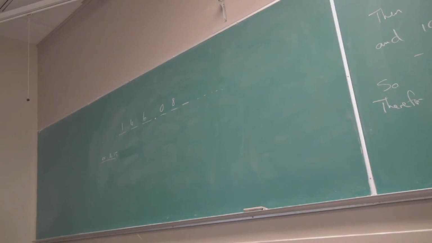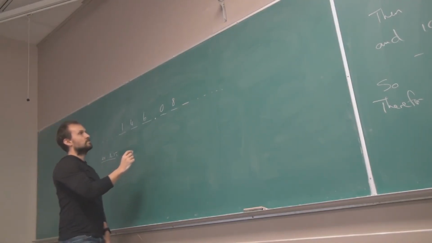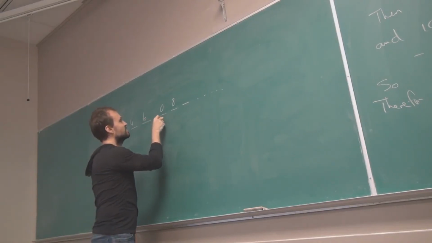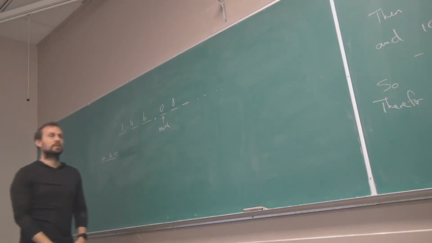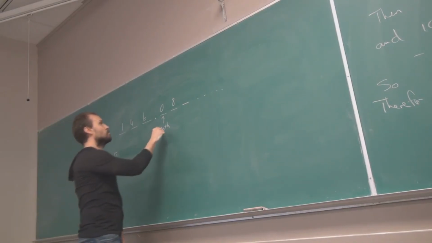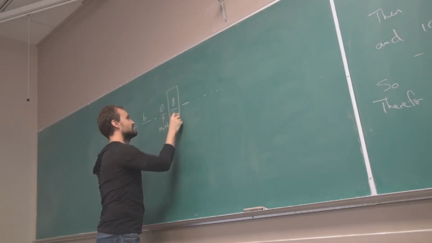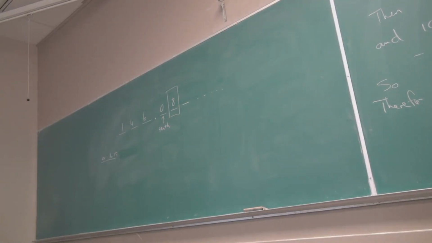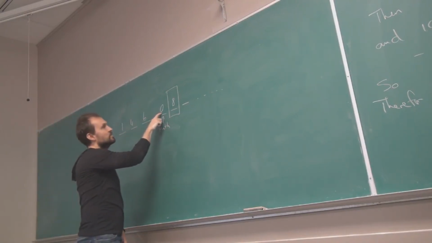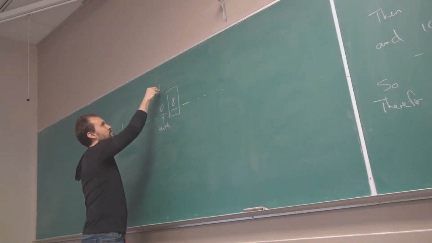I want to round it to the nearest 10th. The 10th is this one, this position. What I do is I look 1 to the right of that position. That number is going to determine, is this closer to a 0 or closer to a 1?